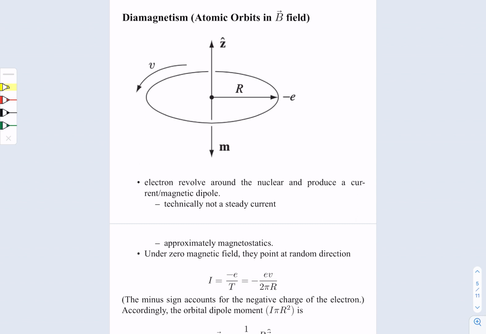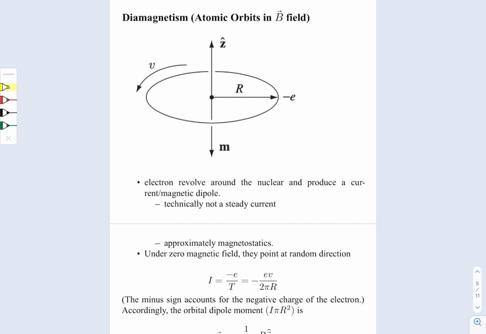But at normal room temperature, this effect is small, because the orbital is huge compared to the magnetic dipole moment of the spin rotating around its own axis.